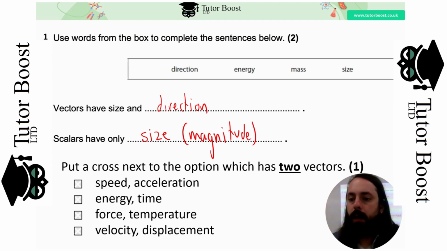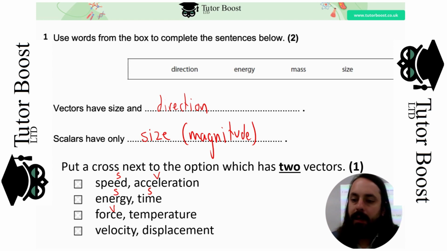Now we need to put a cross next to the option which has got two vectors. Is speed a vector? No, it's not. That's a scalar. Remember, the vector version of speed is velocity. Acceleration is a vector. Then we've got energy, it's a scalar. Time, scalar as well. Then force is a vector. It will always have a direction.